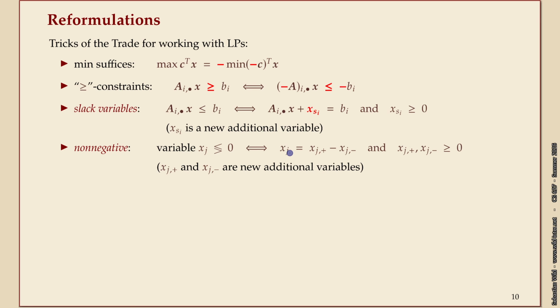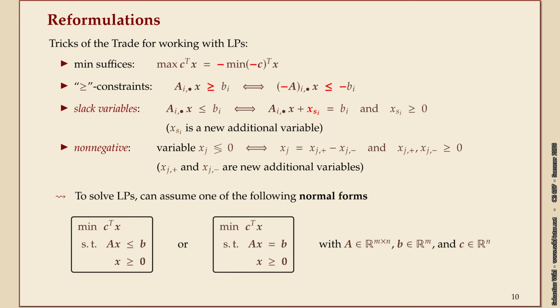But you can replace xj with this difference wherever it occurs, and now get rid of xj. And then all the remaining variables are non-negative. Okay? So you can always eliminate these unconstrained variables. And with these rules, you can get your LPs to have one of those two normal forms.